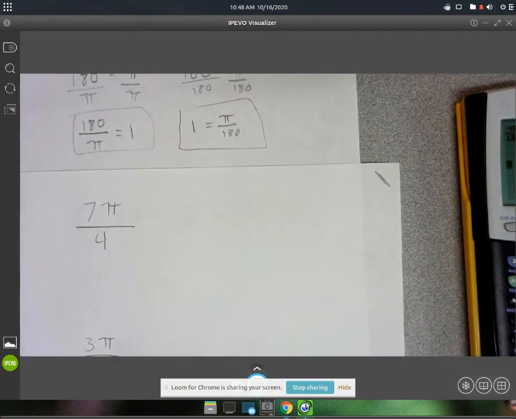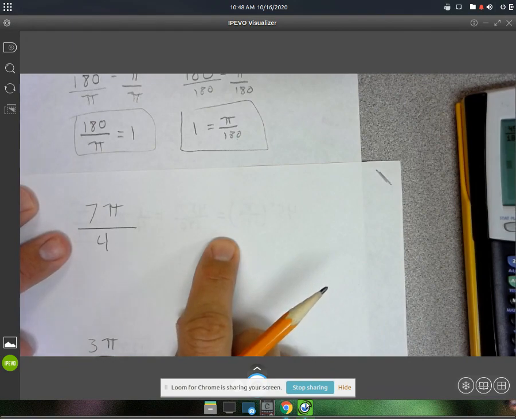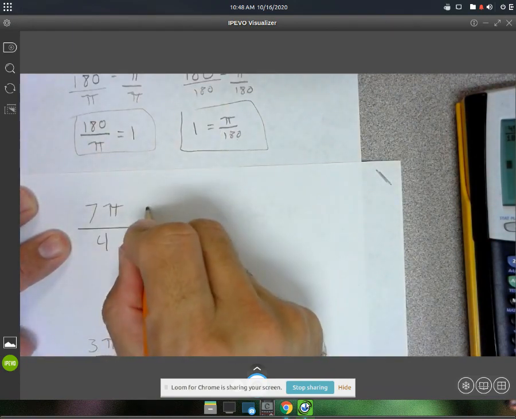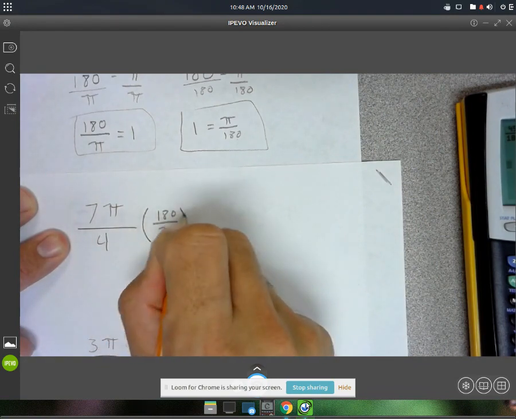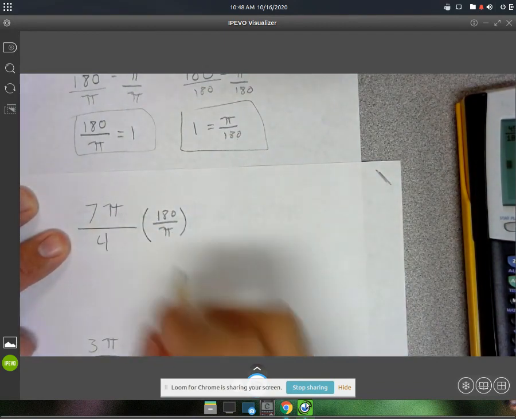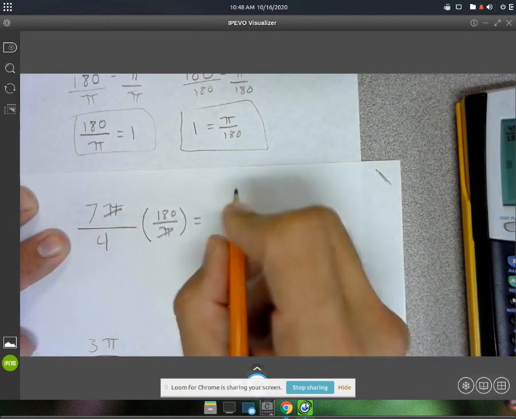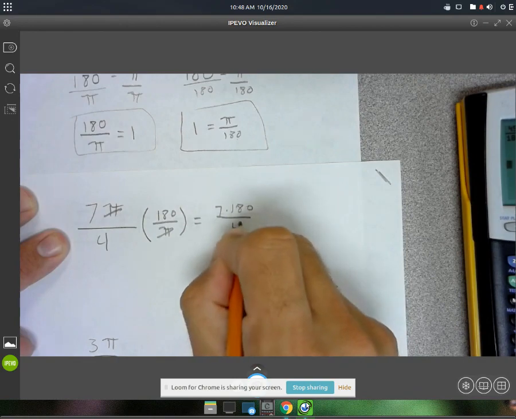All right. Here we're converting from radians to degrees. So we're going to use the other conversion factor here. We're going to multiply by 180 over pi. And that way the pi's will cancel. So pi cancels with pi, and you're left with 7 times 180 over 4.